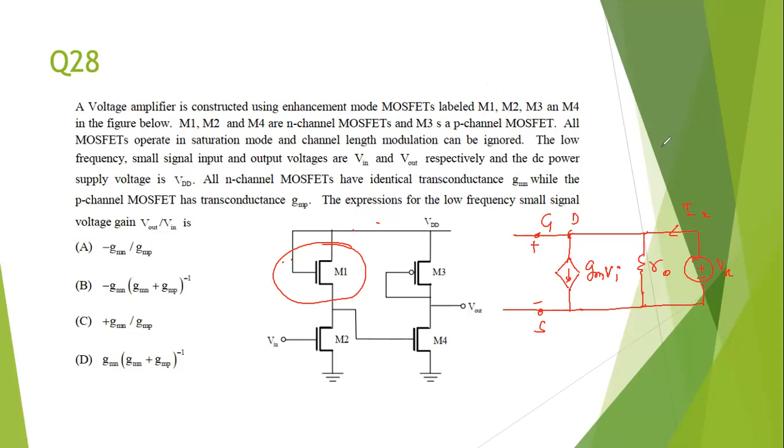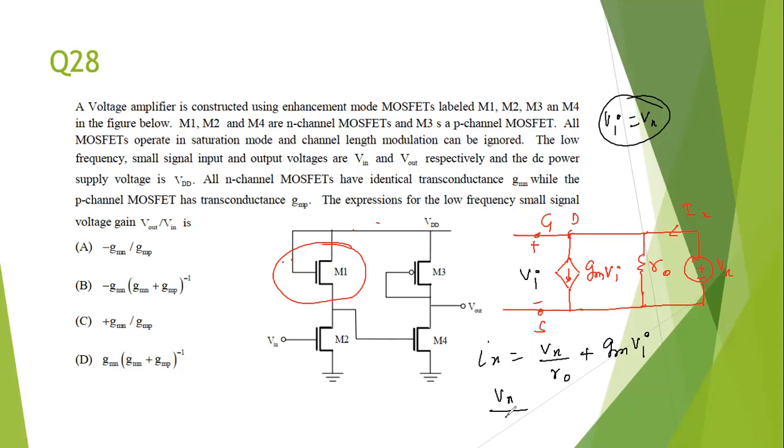Potential is Vx. So what is the Vi? Vi is in parallel, so Vi equals Vx. So what is the output impedance? I am going to write the Vx upon Ix ratio. Applying KCL, Ix equals Vx by R naught plus Gm times Vi, and Vi equals Vx.